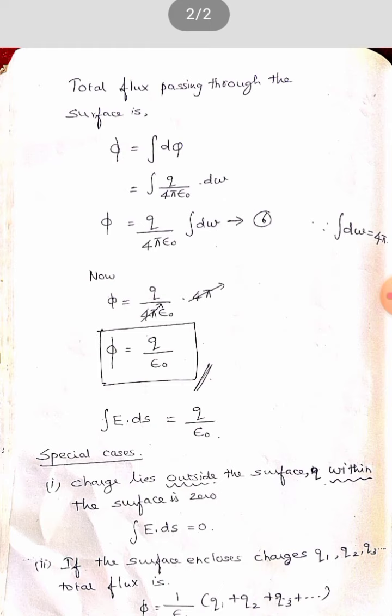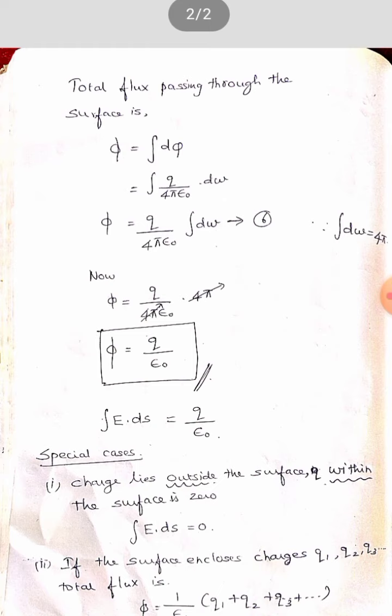Already d phi is found as q by 4 pi epsilon naught into d omega, so that is substituted here. Q by 4 pi epsilon naught is a constant term, so I have taken it outside the integration. Within that integration, there is only the solid angle term, that is d omega.